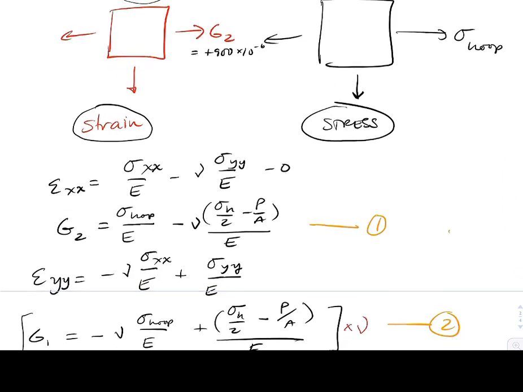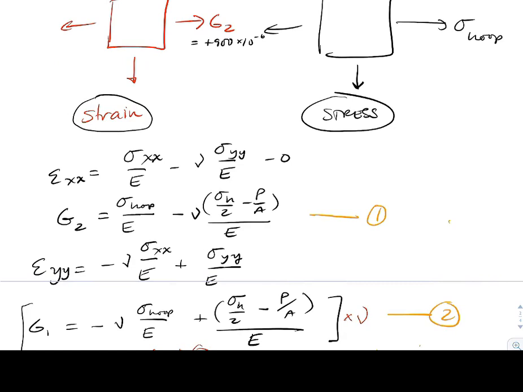We're just going to use 3D Hooke's law. So strain in the x direction is equal to sigma xx over E minus Poisson's ratio times sigma yy. Sigma zz is equal to 0. We have a plane stress problem for a pressure vessel. And so we're going to do this twice. We're going to use the strain in the x direction equation and also the strain in the y direction equation.